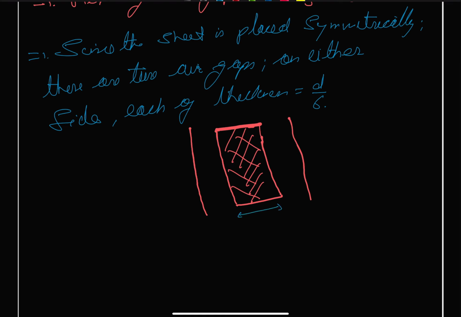On either side of this we are going to have two air gaps, each of width d by 6. So this entire thing is going to act as two capacitors in series.